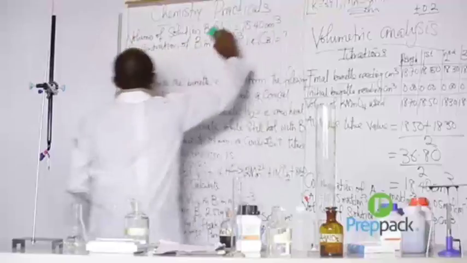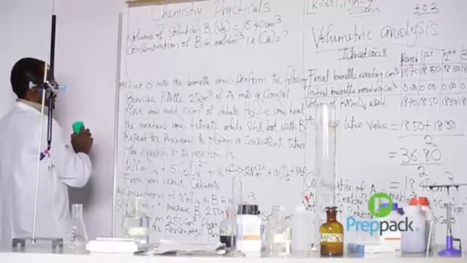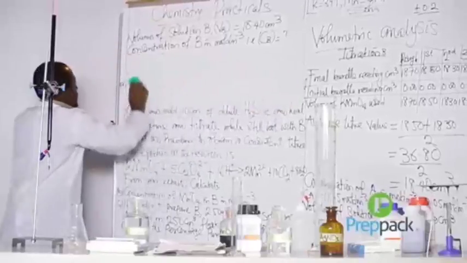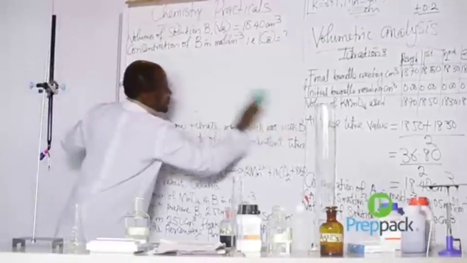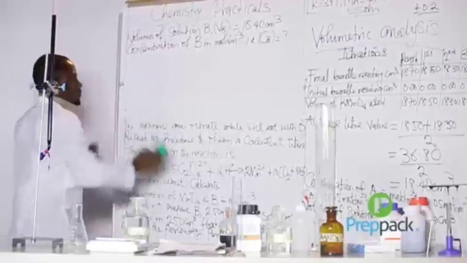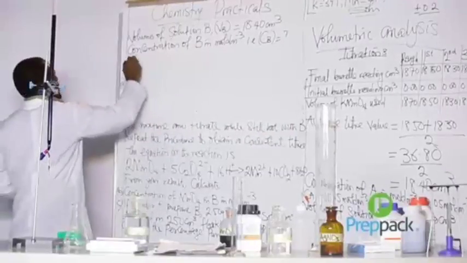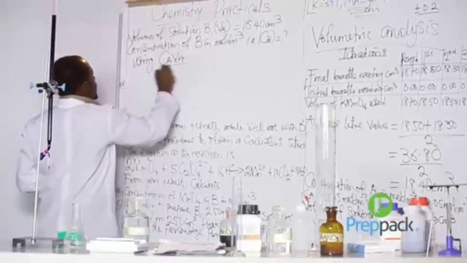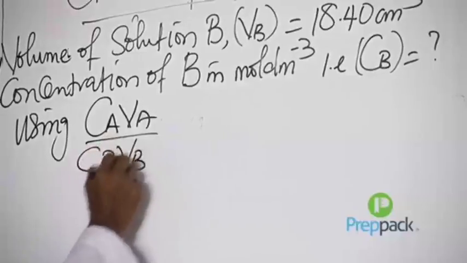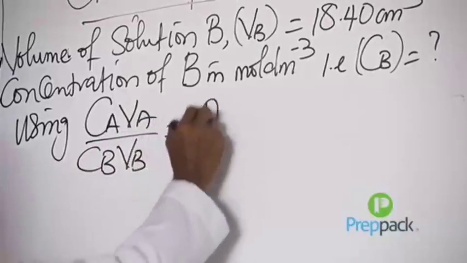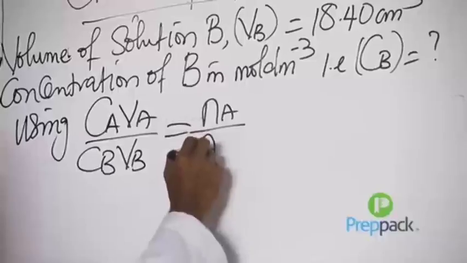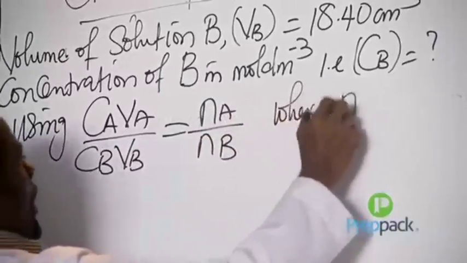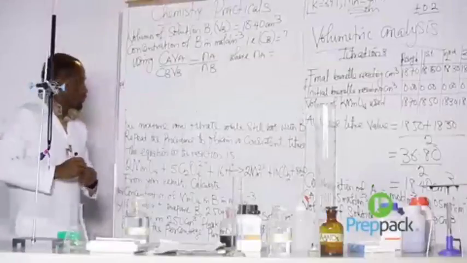That is CAVA over CBVB equal to NA over NB, where NA equal to the mole ratio of the acid.